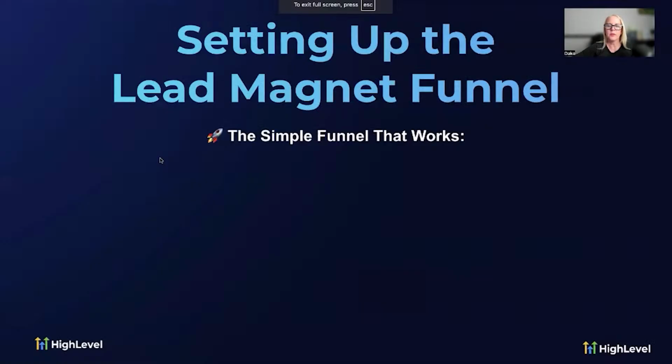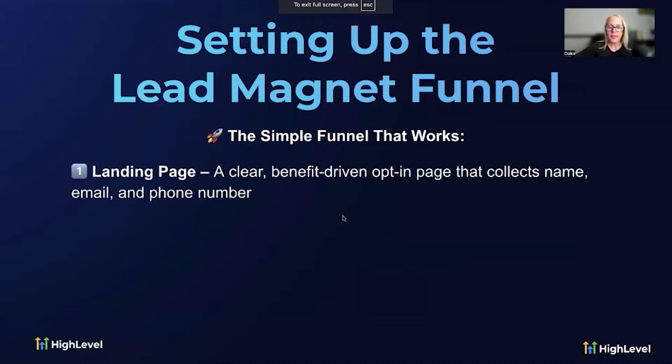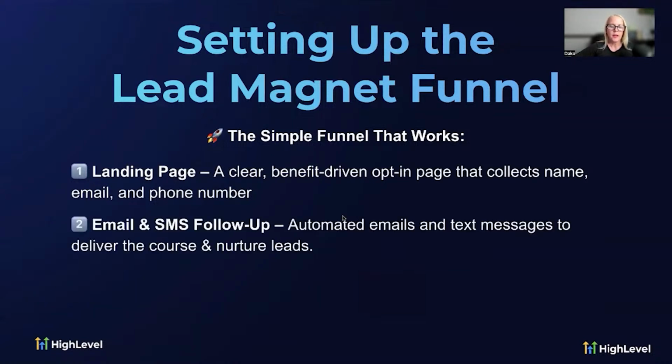So the landing page, just as I showed you. Once you hit submit, that is going to enter them into an automation that you set up, and it's going to trigger this workflow where you can tag the person, you can give them any kind of details that you want.